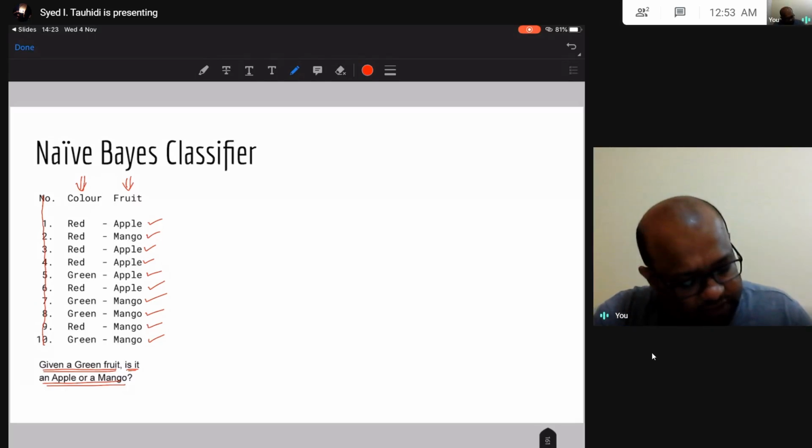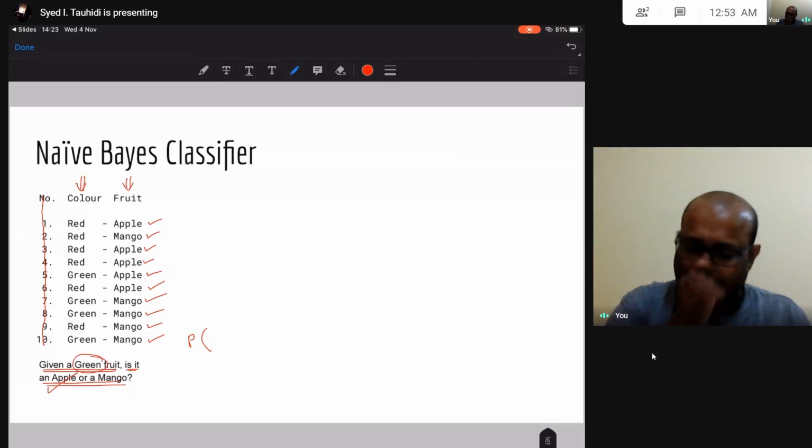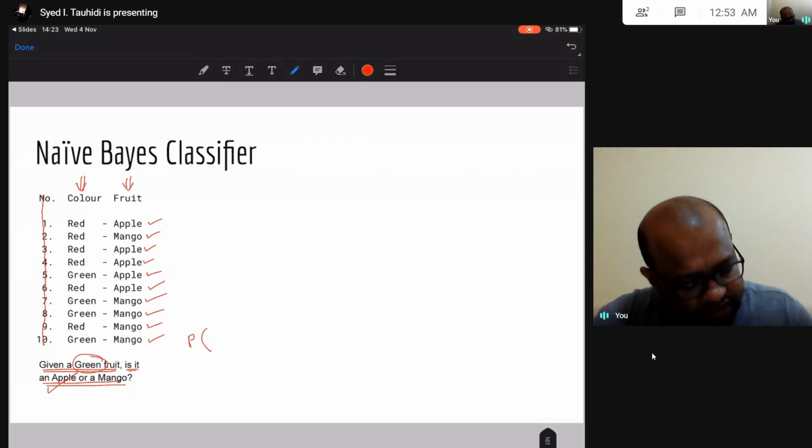What is the probability of the fruit being an apple given that the fruit is green? And I also have to find out the probability that the fruit is a mango given that the fruit is green.